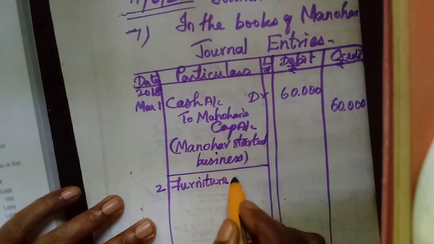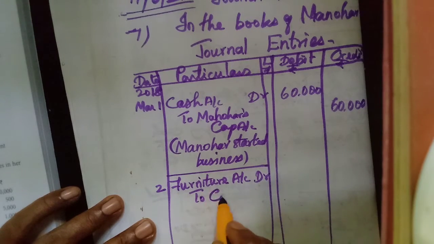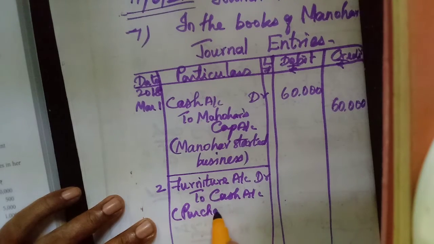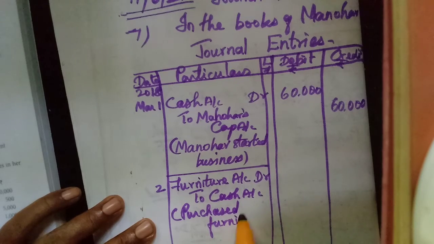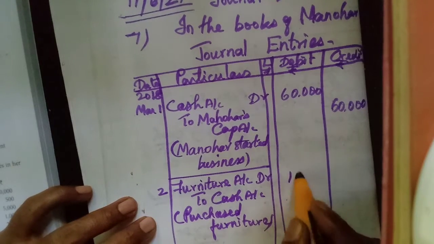Cash. So furniture account debtor to cash account. Bracket, purchased furniture. We can write fully also. Purchased furniture for cash. Amount 10,000.